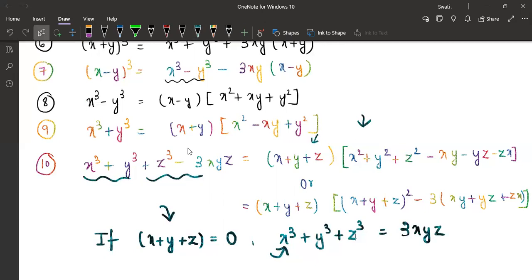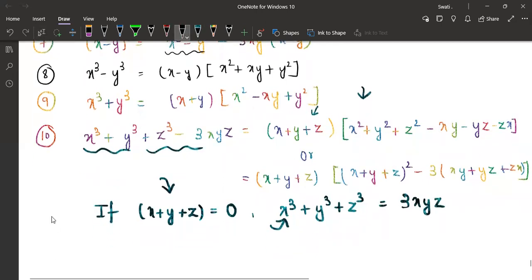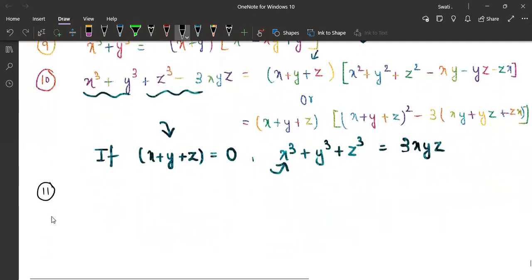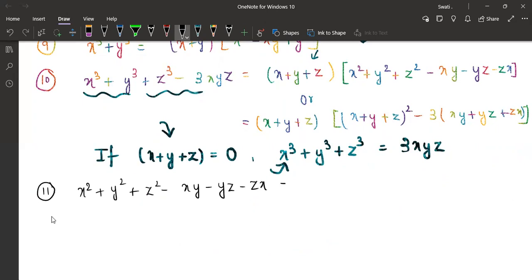And now let's move to the last formula, the last identity, which I'm going to write down here, the 11th identity. It says x squared plus y squared plus z squared minus xy minus yz minus zx equals half of, in bracket, (x minus y) whole square plus (y minus z) whole square plus (z minus x) whole square.